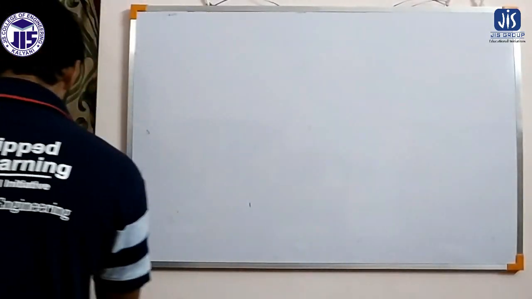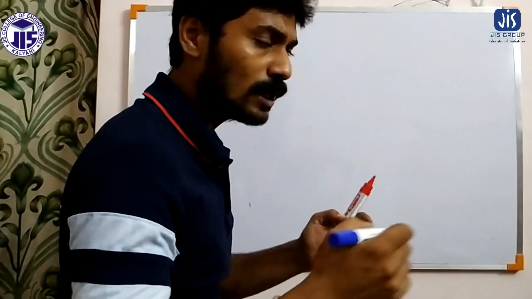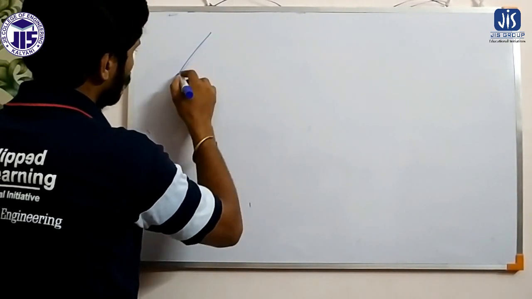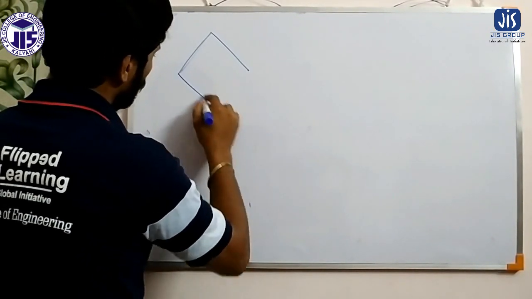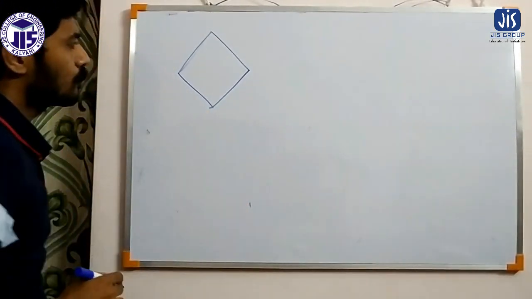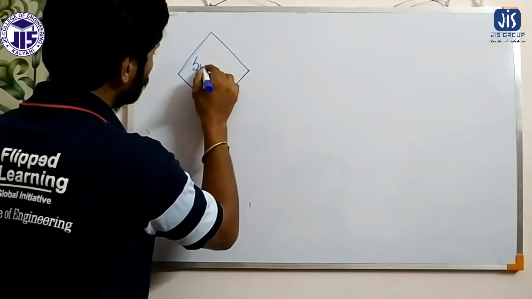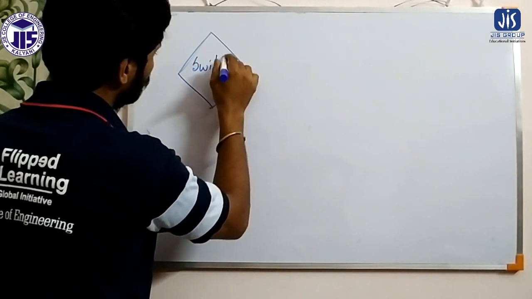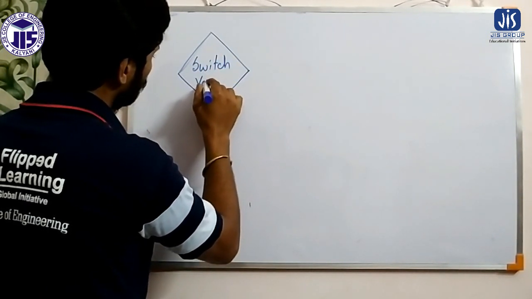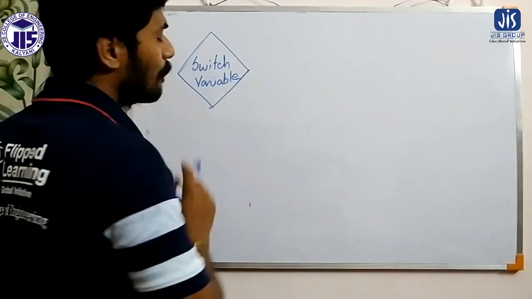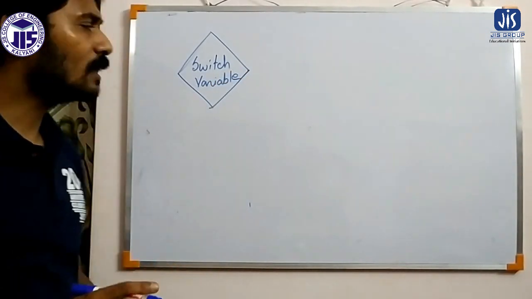So what basically we do here, in the form of a flowchart, let us discuss first. Here we are taking a switch variable. We are not applying any condition; we are taking simply a variable.